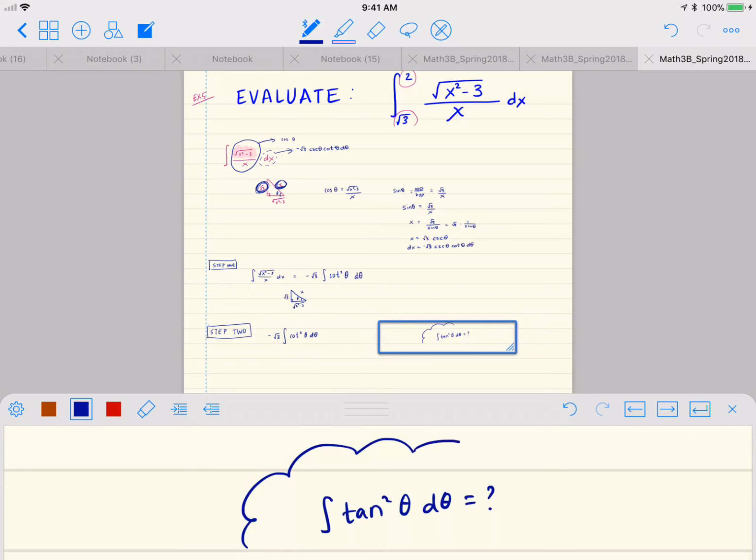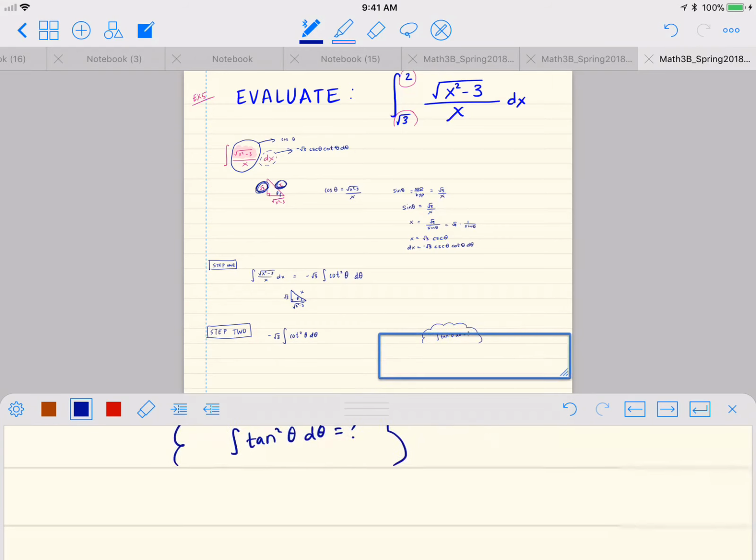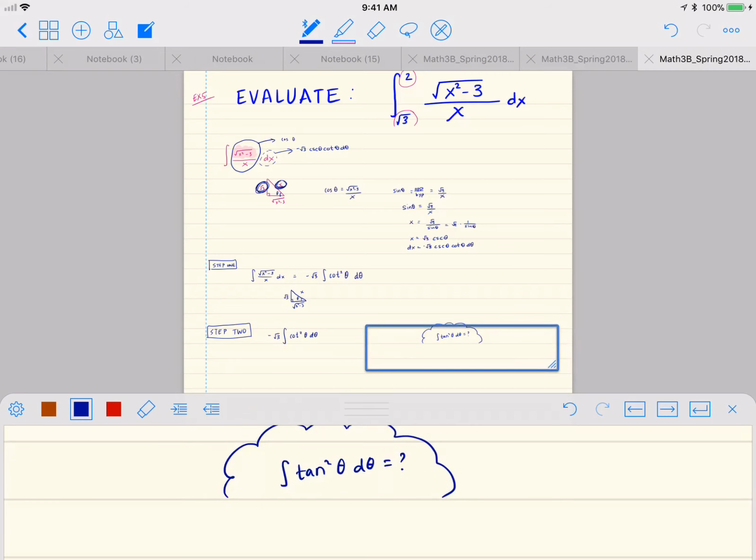What would we do? Well, from the videos, we remember that in order to integrate tangent squared theta d theta, because it's an even power of tangent and the power of secant is 0, we would use our trig Pythagorean identity to say that tan squared theta is equal to secant squared theta minus 1.